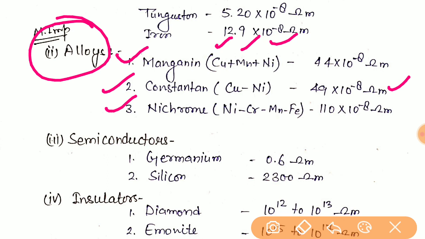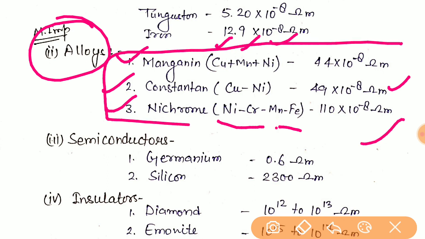And nichrome is made up of nickel, chromium, manganese and iron. So this is nichrome, having resistivity value 110 into 10 to the power minus 8 ohm meter. So now these are the most important section of this lecture. So you note down and keep in your mind, save for future and your exam.